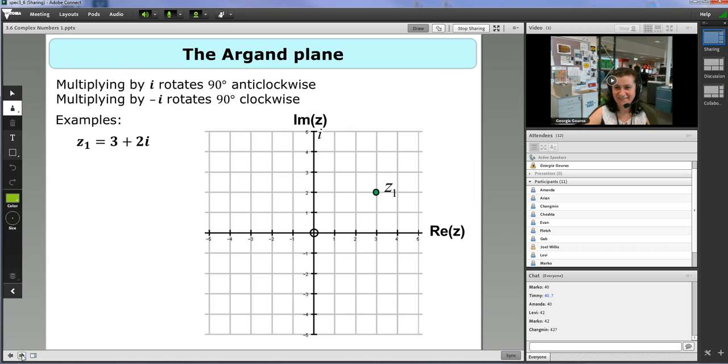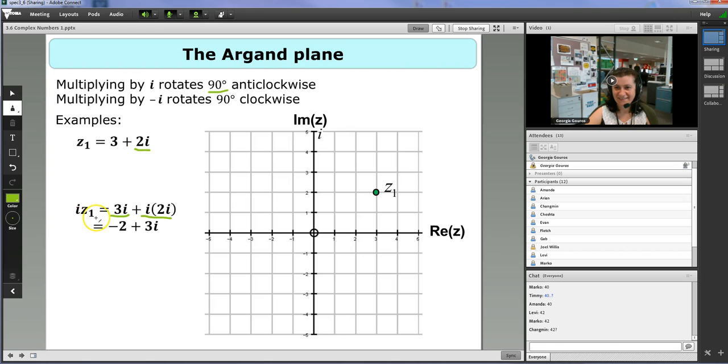Okay, so let's do it with a little bit of a trickier example. We've got Z1 this time, another complex number, equal to 3 plus 2i, just shown there. If we multiply that by i, it should rotate that number 90 degrees anti-clockwise. When you do that, all you're doing is turning the real component into the imaginary component, and the previously imaginary component now becomes a real component.